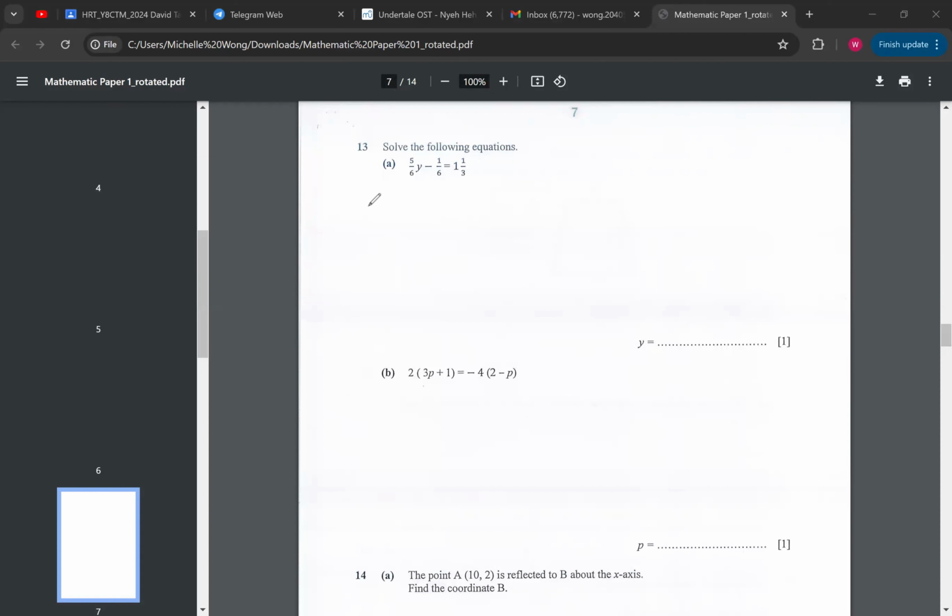For question 13, solve the following equation: 5 over 6y minus 1 over 6 equals 1 over 3. They want us to find y. So 5 over 6y equals 1 over 3 add 1 over 6. And then after that you convert it.